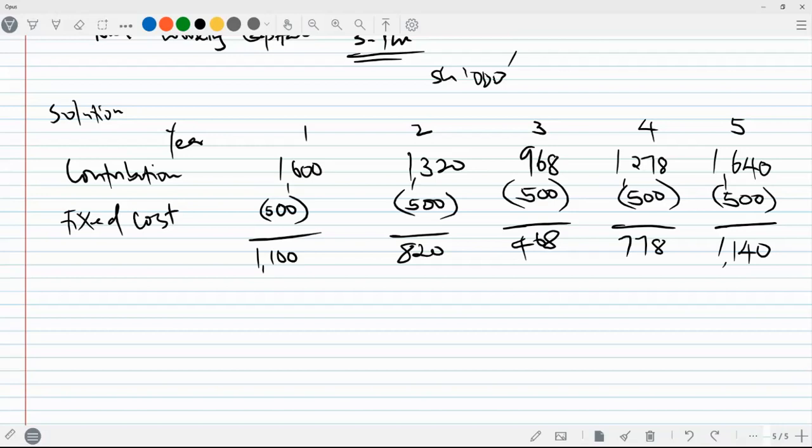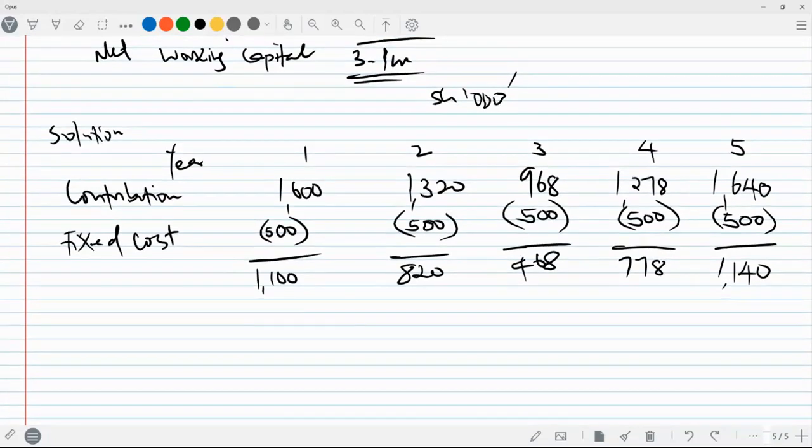Then you pay tax at 30% per annum. Don't forget, in year 1 you don't pay tax because the tax is paid in arrears. Tax for year 1 is paid in year 2.